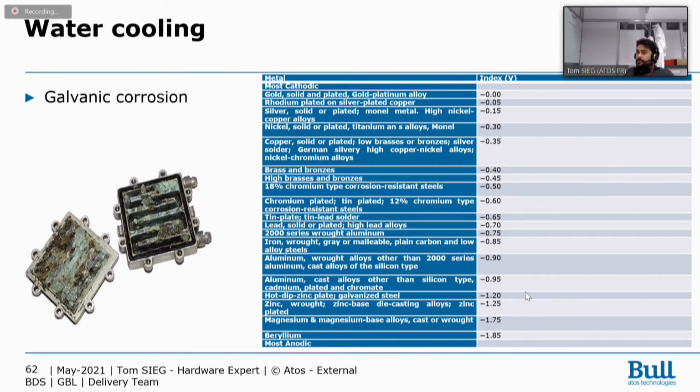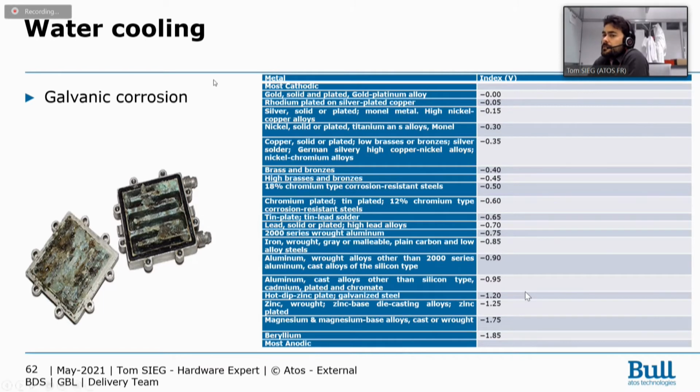This galvanic corrosion mainly happens in your system when you have copper, aluminium, nickel, or some metal mix like this. You have to be sure all your system is in the same metal to be sure you will not run into this kind of problem.